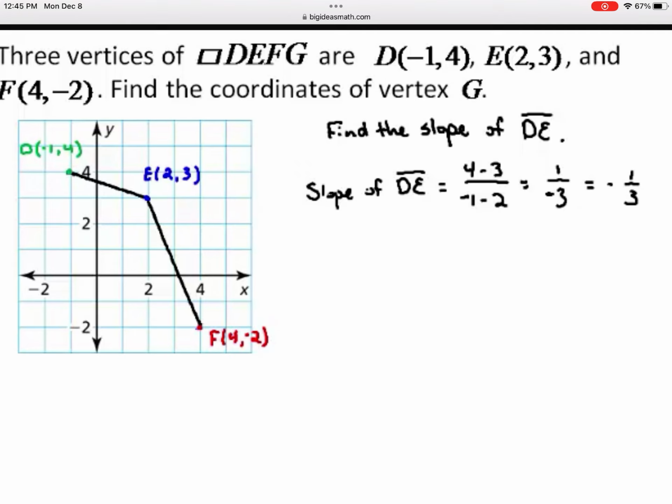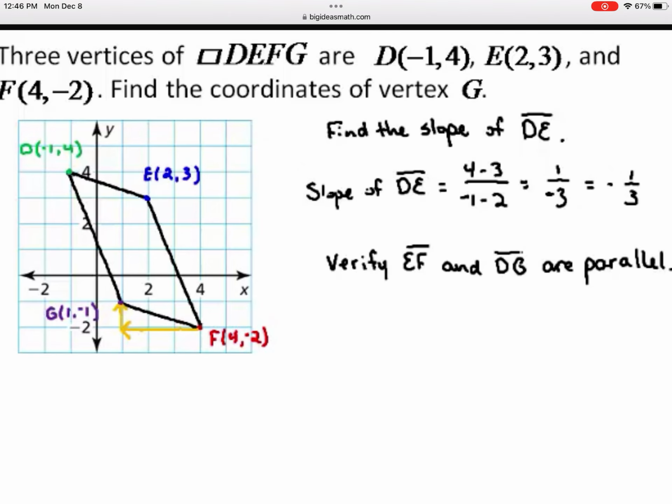So start at point F and go over 3 units to the left and 1 unit up, and plot point G, which is (1, -1). Then connect the points using line segments. Notice that line segment DE is parallel to line segment GF because they have the same slope.